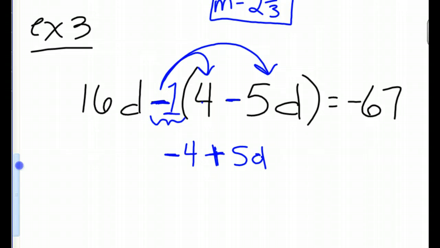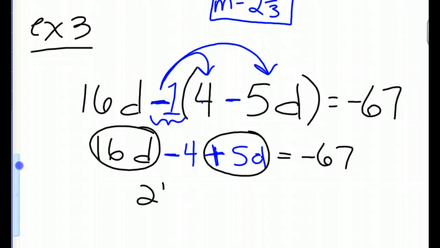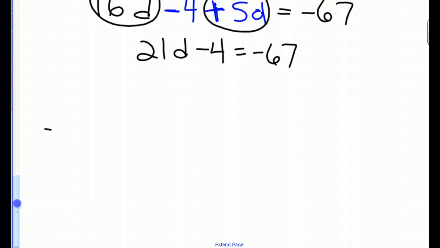All right, so now we rewrite the rest of our problem. Equals -67, and this is 16d. Now we combine like terms, so we combine 16d and 5d, and we get 21d minus 4 equals negative 67. So now we yet again have a two-step equation. So what do we do? We plus 4 to both sides.